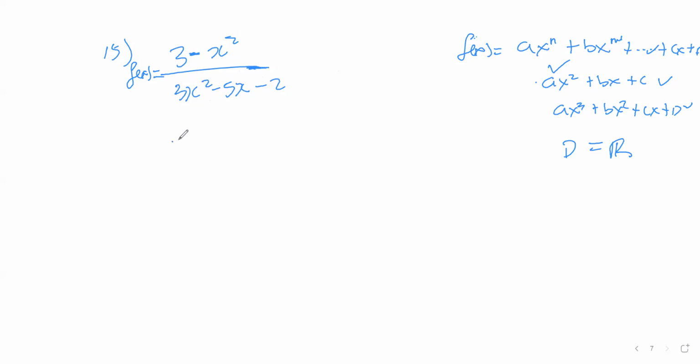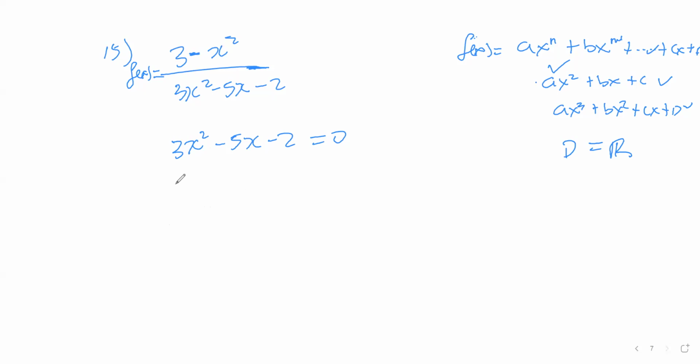We can only find that out by setting this denominator to 0 and solving for x. Set your denominator to 0, solve for x, then your domain is all real numbers except those x values you solved for.